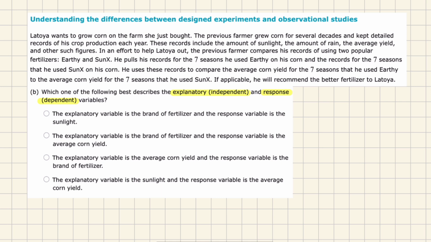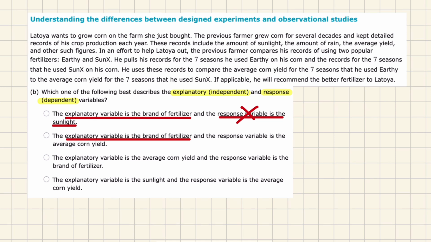In the first option, we're told the explanatory variable is the brand of fertilizer, and the response variable is the sunlight. And while the first part is correct, we're not saying that using different fertilizers leads to different amount of sunlight.